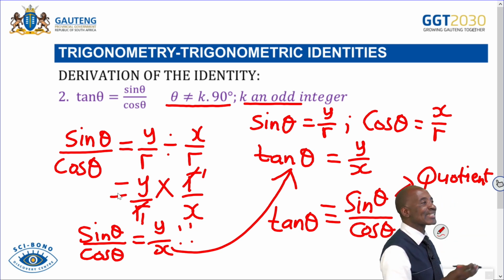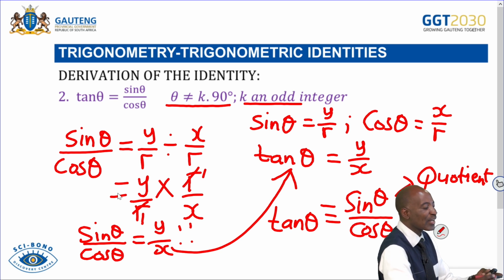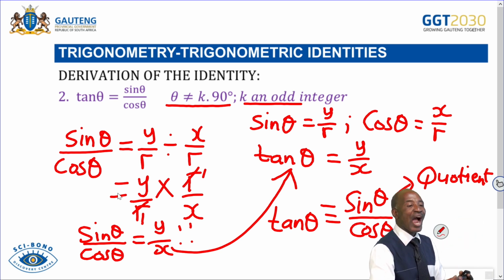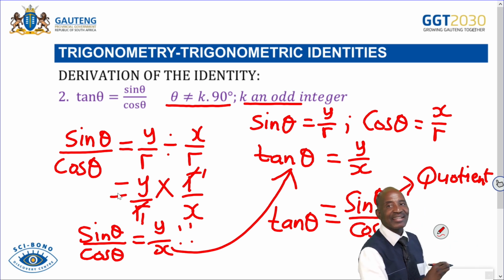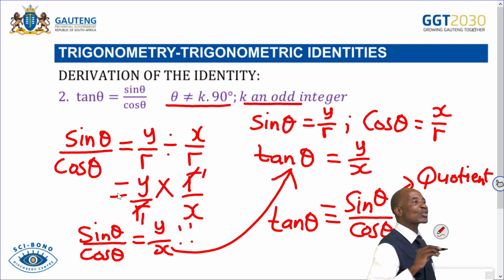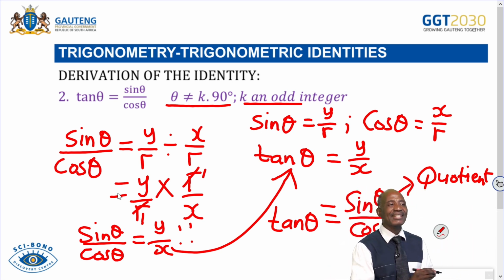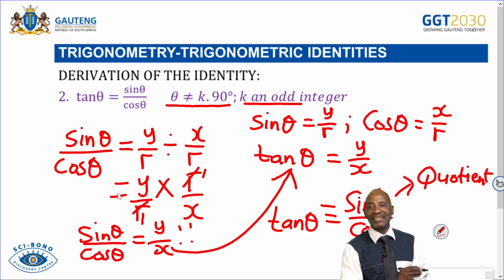But of interest here is how do we derive, how do we establish, how do we convince the next person that tan theta is the same as sine theta divided by cos theta. You always go back to your definition of your basic trig ratios, sine theta, cos theta, and tan theta.